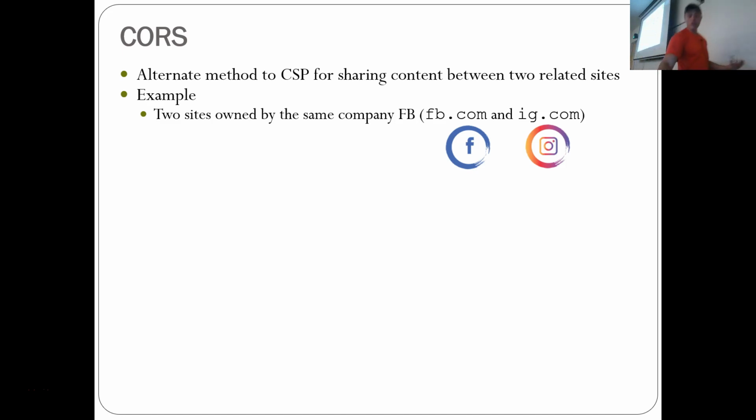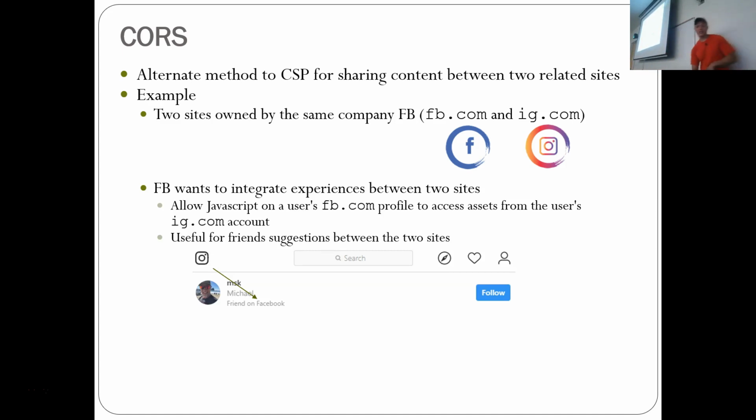In particular, if you have accounts on both, what Facebook wants to do is that if you're connected with certain people on Facebook, they want to show you on Instagram that you have connected on Facebook, so that you can make a connection on Instagram. So in order to do this, when you visit Instagram, Instagram needs to be able to run a script that accesses your data on Facebook. And this is disallowed with the same origin policy. And so this was the problem they wanted to solve.